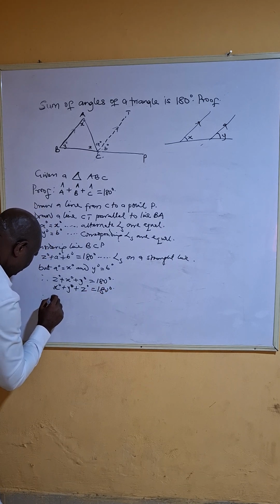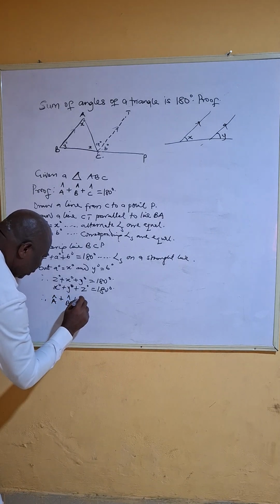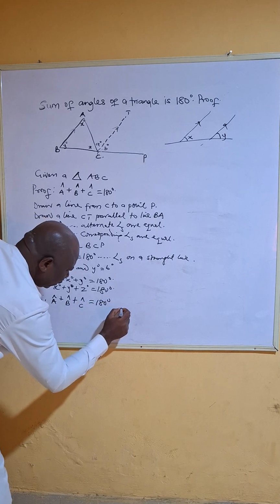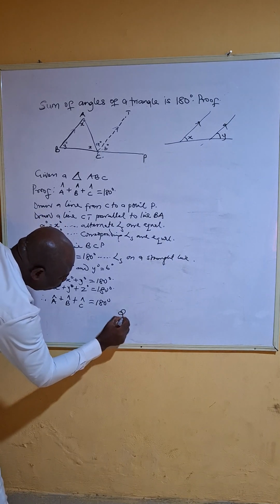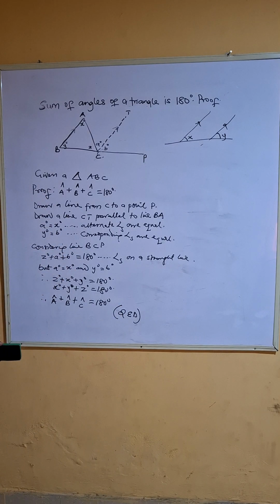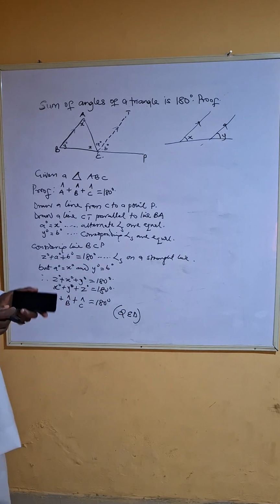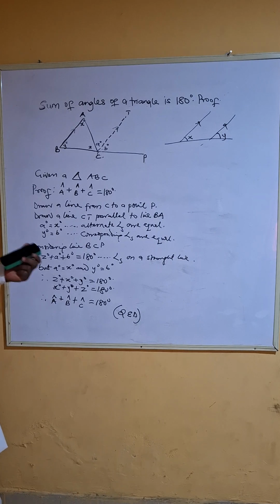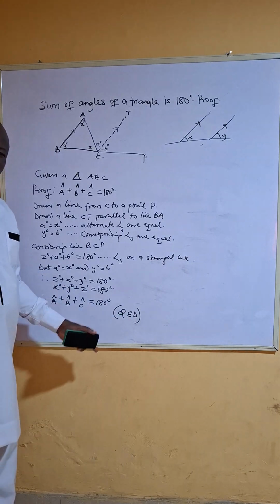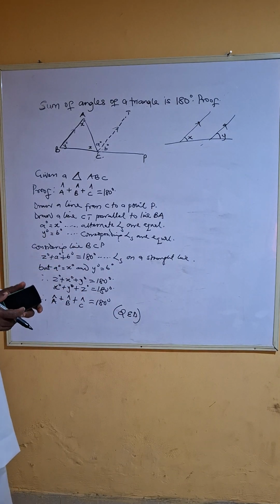Therefore, angle A plus angle B plus angle C is equal to 180 degrees. Then you close it with QED. That is, I have proved what you have asked me to prove. Although some people jokingly call this 'quite easily done', it's not correct. It's QED, which means I proved what you have asked me to prove.